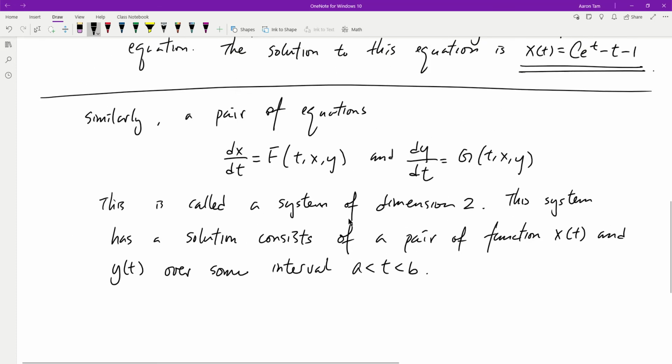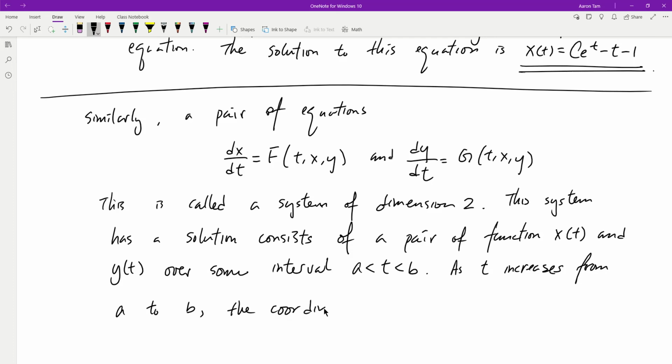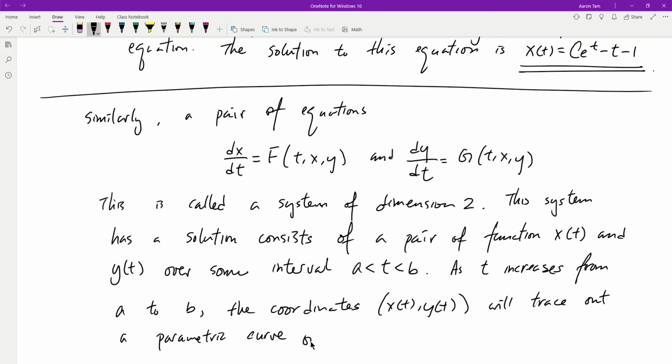So if I think of it this way, as t changes, let's say as t increases from a to b, the coordinate x of t, y of t would actually trace out a parametric curve on the xy plane.